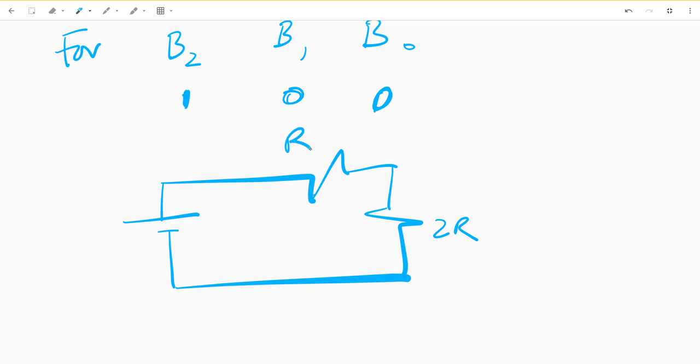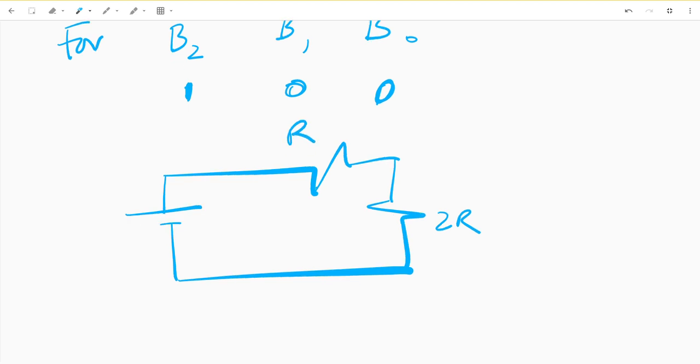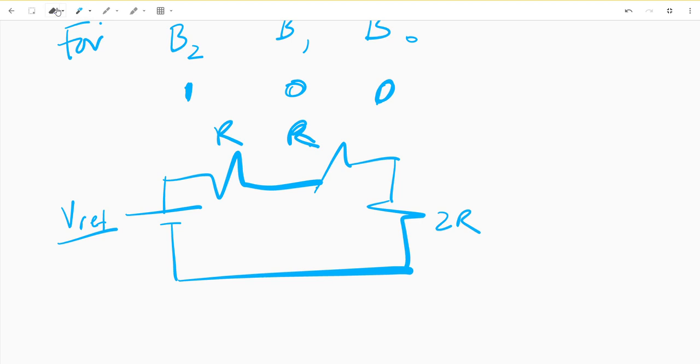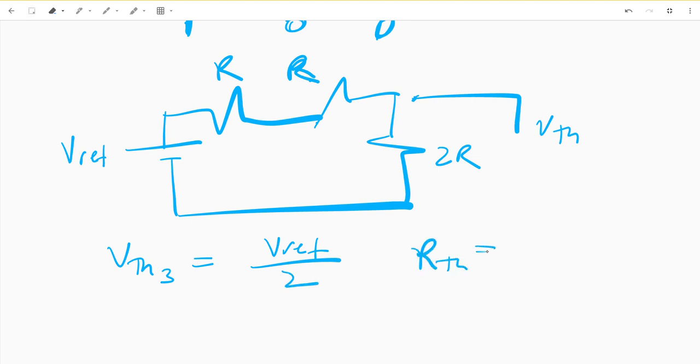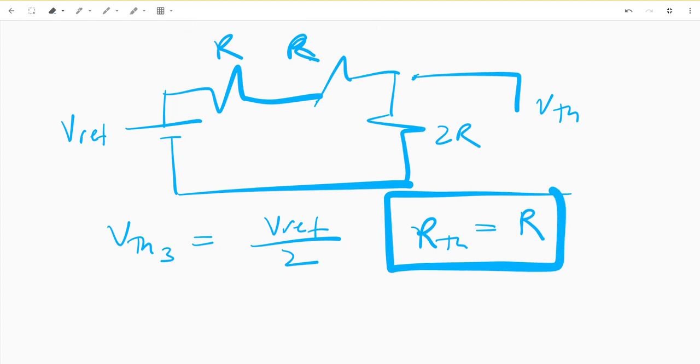This is 2R, this is R. R, this is R, this is just Vref. We can show that VTH in this case is equal to Vref over 2, and RTH is equal to R, which is proved earlier already.